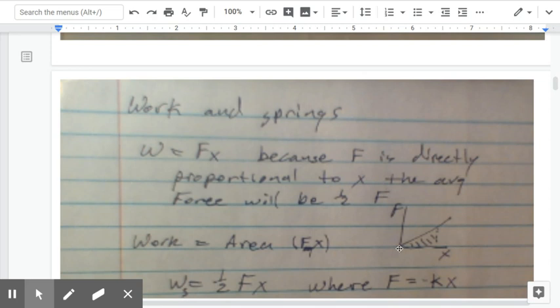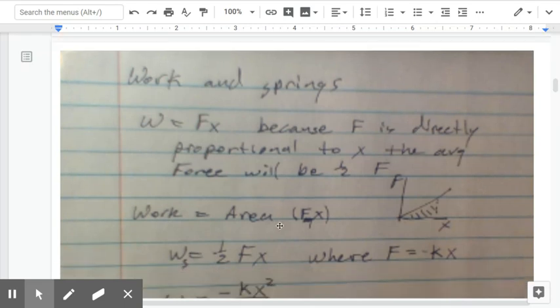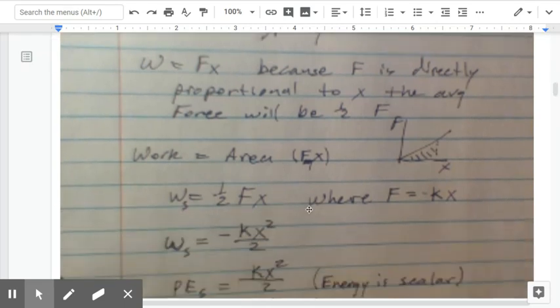But if we're doing work equals force times x, you can see, just using regular graphing techniques, when you take Fx, you're finding the area underneath the line. Well, because it's a direct proportion, the area underneath the line is half of a triangle. And so the equation becomes work equals 1/2 Fx.